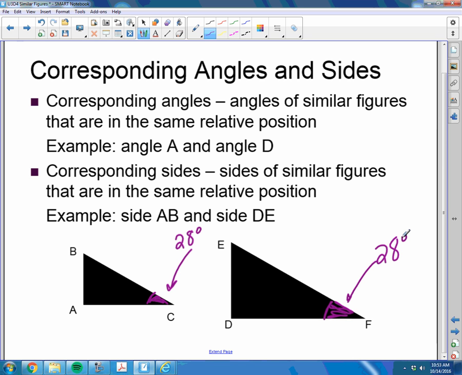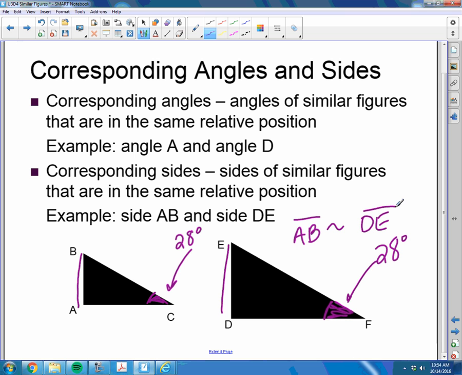By the way, side AB corresponds to side DE. Now listen, here's something that's very interesting. You notice when you say corresponding sides, you must give it in the same order. If I say length AB, I would say it is similar to length DE.